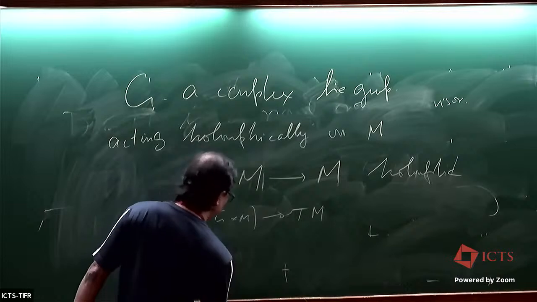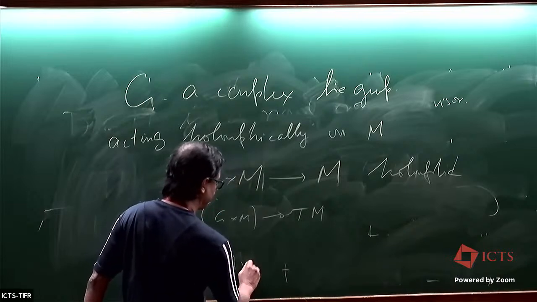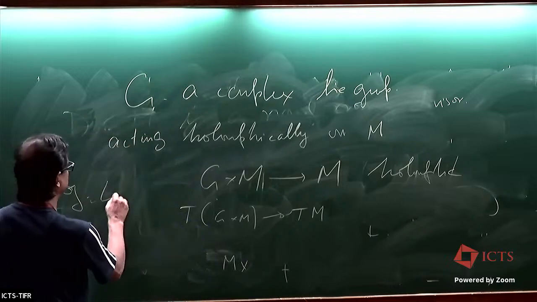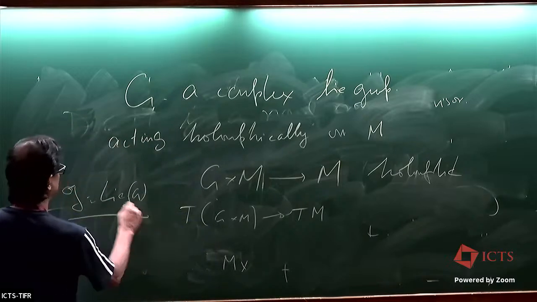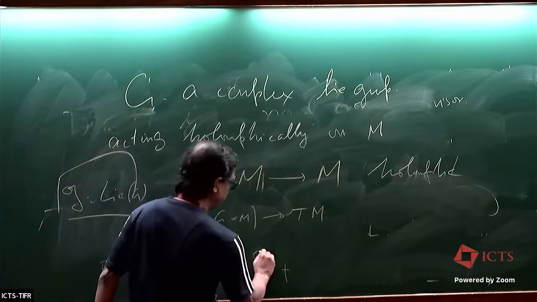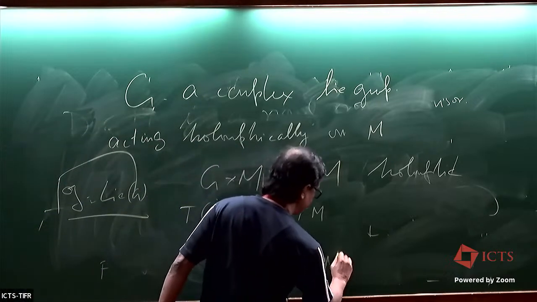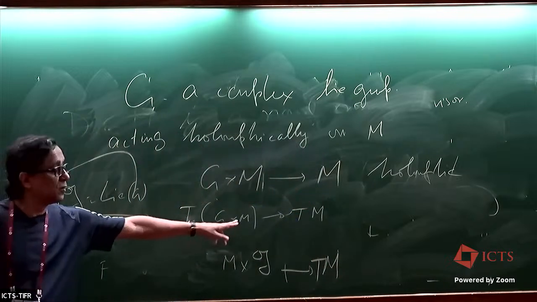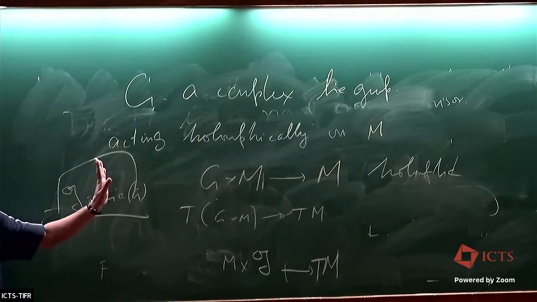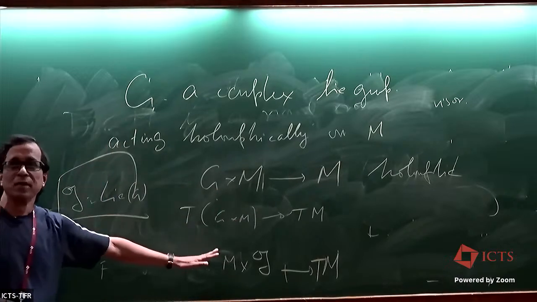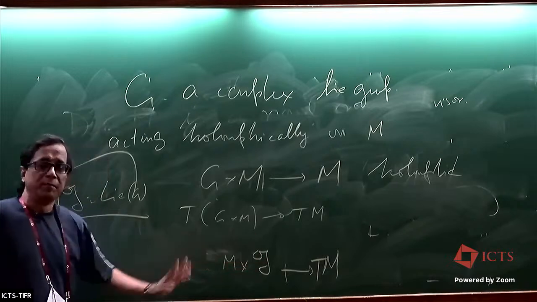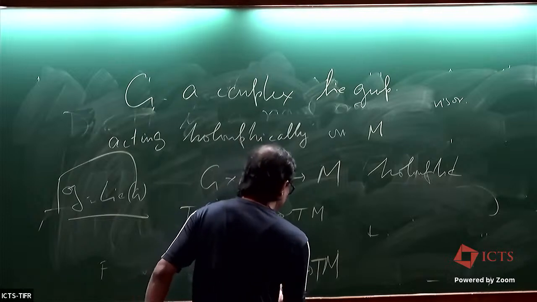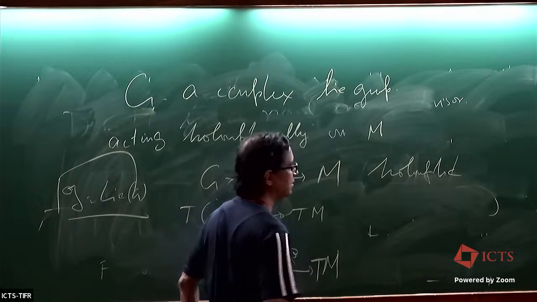So finally you get a map from M cross the Lie algebra of G, which I will denote by g, to the tangent bundle of M. First restricting to identity cross M, and then taking the component of the tangent bundle in the direction of the subbundle, and then you get a map. Once you have this map, let's give it a name, beta, given by the action.